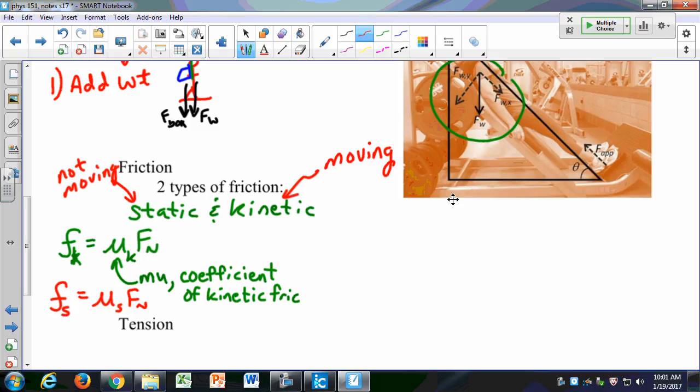It's not obvious right away. I mean, the car is moving. The tires are spinning. The road's not moving, or the road stays where it is. You think static? I don't know what I think. I'm not sure. I have to think about this for a minute. I think that it's going to be static.